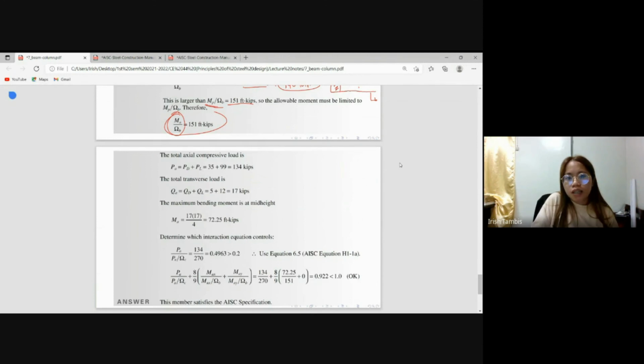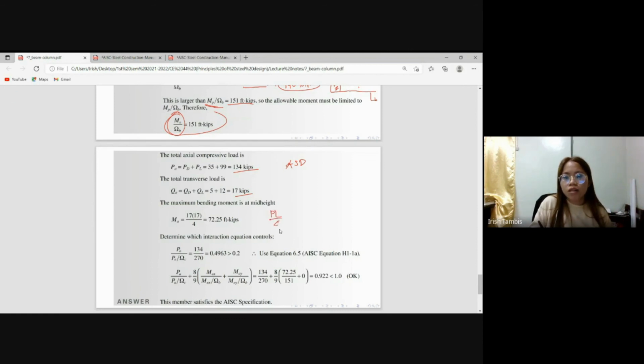For ASD, it is just equal to the summation of the dead load and the live load, right? 34 kilopounds. And the total transverse or lateral load, because this is ASD, is also the sum of the dead load and the live load, in pounds. So the maximum bending moment at mid height, the same with the LRFD solution.